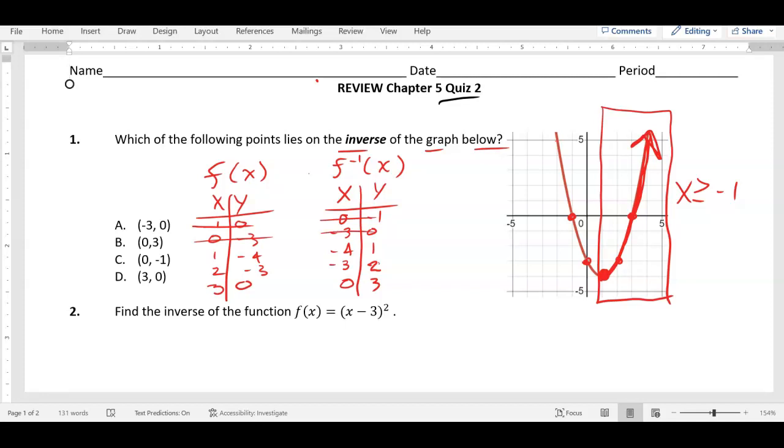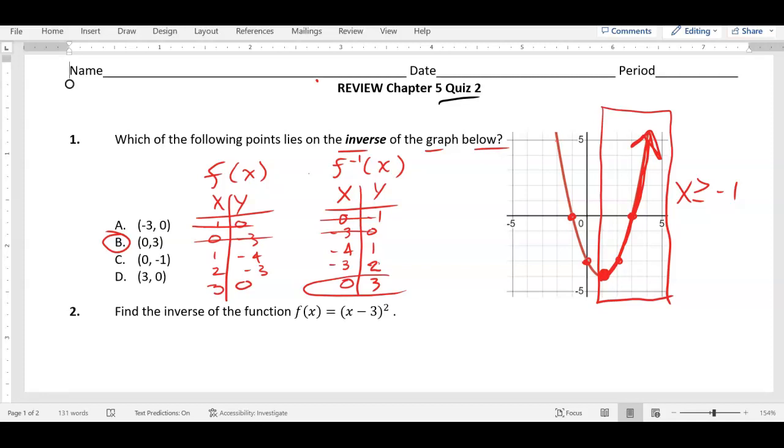All right, so with these 3 points, when I flip them, which one of these points on the inverse table is on my answer choices? So looks like 0, 3 is my point. 0, 3. Okay.